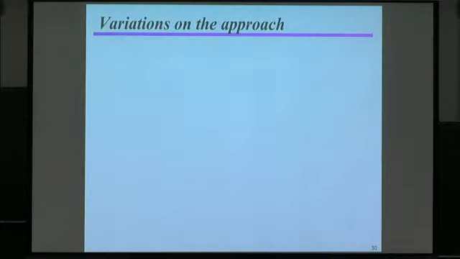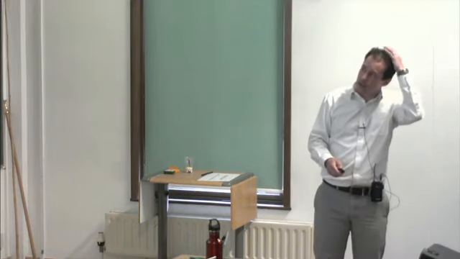Okay, so let me just say that the definition I've provided is one that arose essentially in 2006. There were some predecessors that are roughly similar. There are various approximate variants.